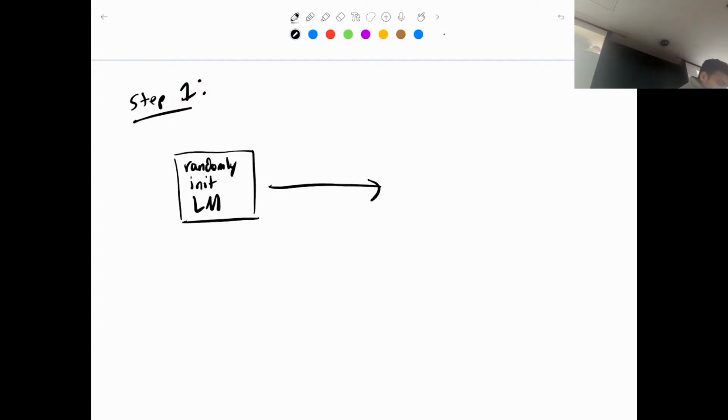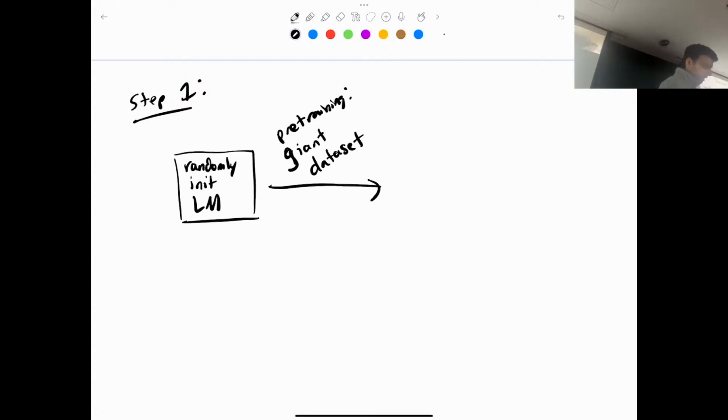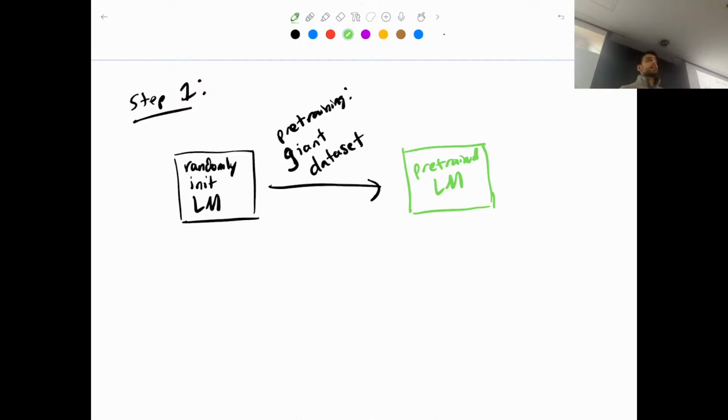And so what we've done is we've exposed this to a giant data set, and we've done pre-training on it to predict the next word in this giant data set. And as a result, we so far know how to obtain this pre-trained LM. So this is our first step that we've covered so far in this class.